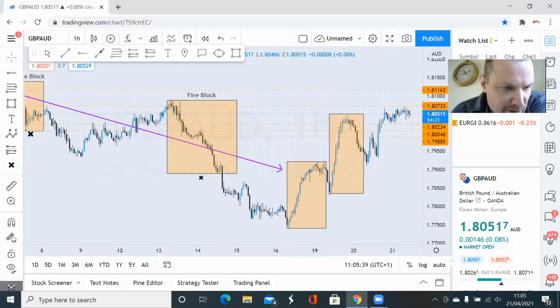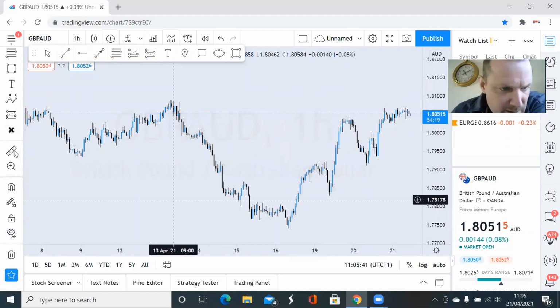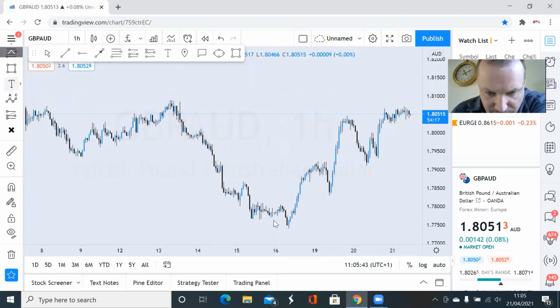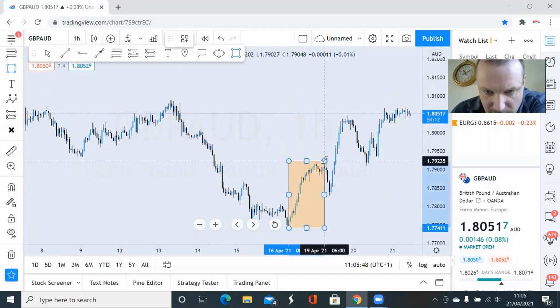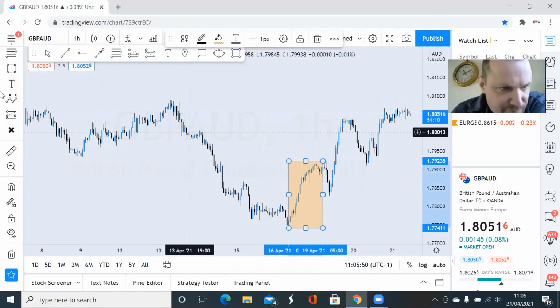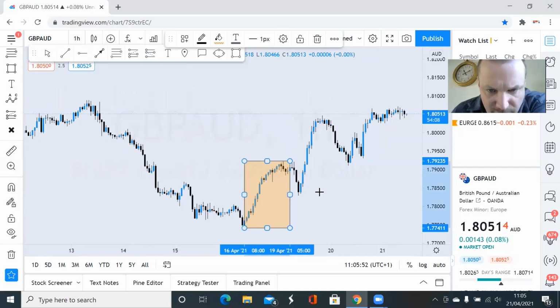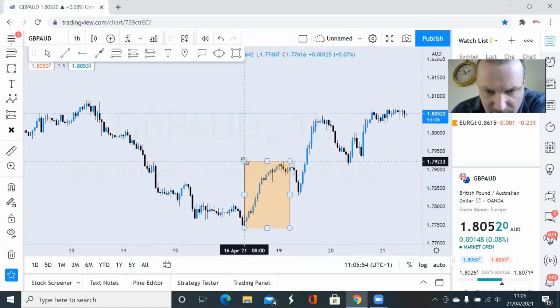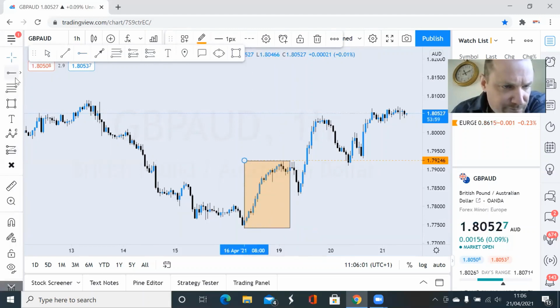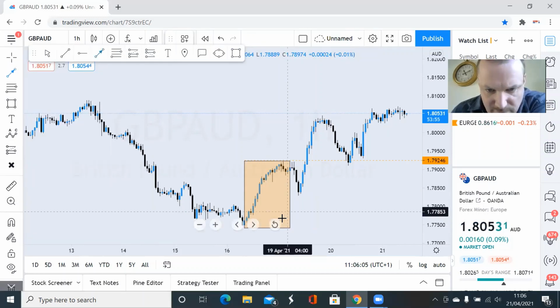Let's get rid of some of the noise. I'm just going to explain this a bit more. Got a block there. Okay, so what we're waiting for is a push out. Okay, from the block, it's come back and retraced.